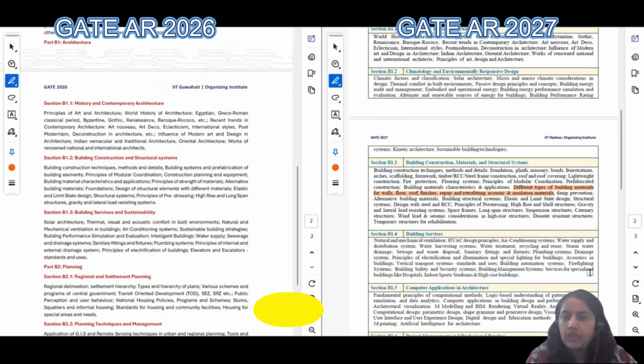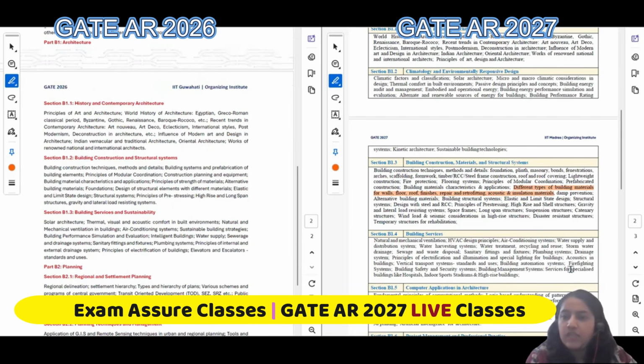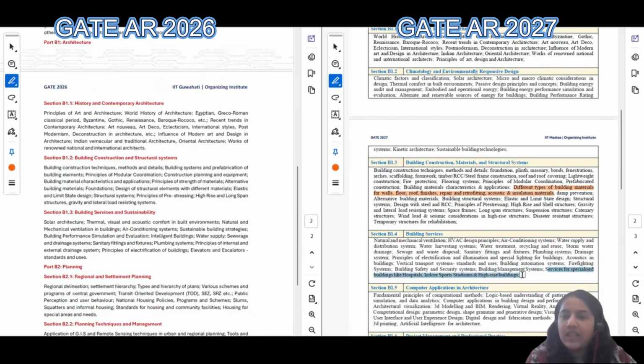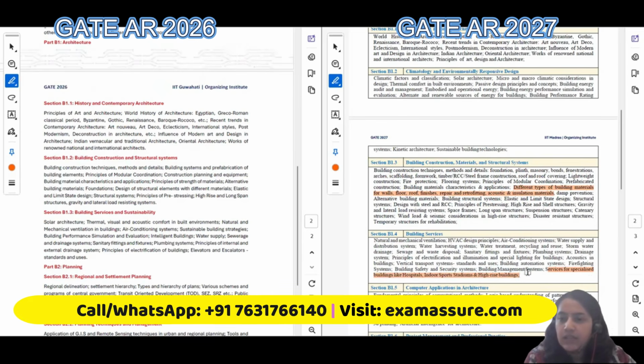However, few additions like services for specialized buildings like hospitals, indoor sports stadiums, and high-rise buildings. Again, this is an additional point.